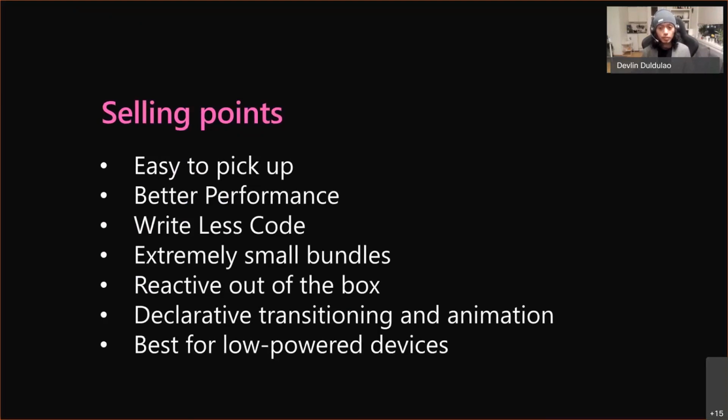It has built-in transition and animation APIs in Svelte, and also state management. Store: if you love writing big applications with a single source of truth, Svelte has that out of the box as well. And last but not least, best for low-powered devices.